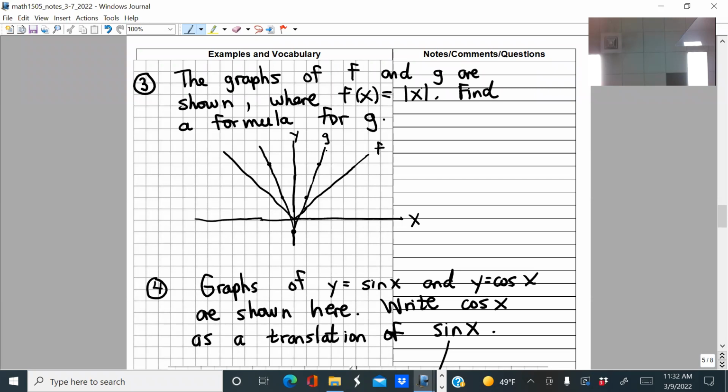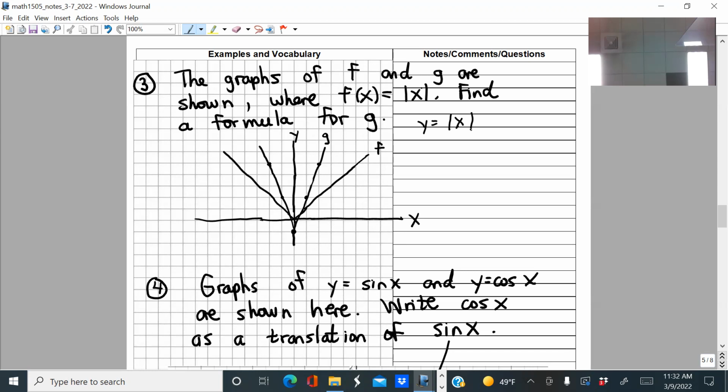So we want to see if we can write down a plausible formula for that new function g, if it really is just a transformation of f. So we're just trying to look at how does g differ from f, right? And what transformations could we apply to f that seem like they could give us g? And then we'll test it and see if we really got the right answer. It's hard to know without testing it. Let me rewrite f first here, though, as just y equals absolute value of x instead of f of x equals absolute value of x.